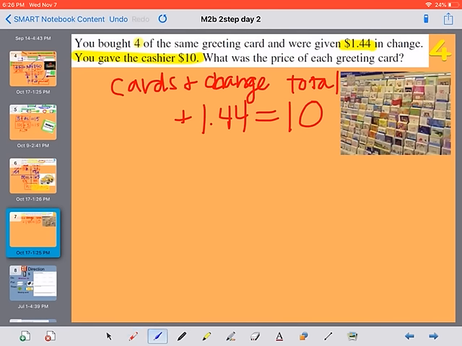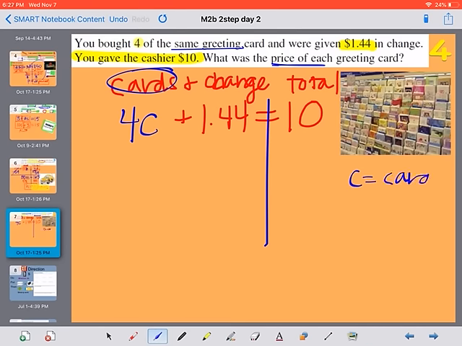We know we bought 4 greeting cards. We don't know the price. We know they're all the same greeting card. So we have 4 cards multiplied by the price. That would tell us the cost of just the cards. So I'm using the letter C to represent the price of 1 card, singular.